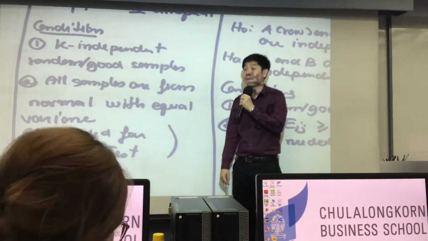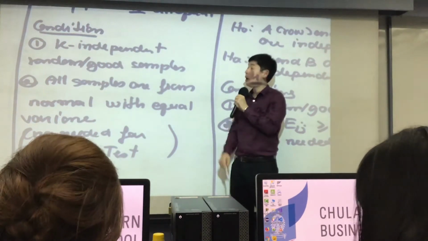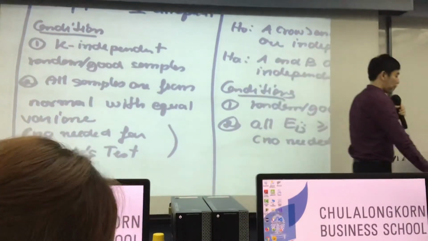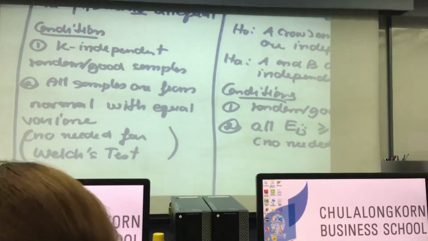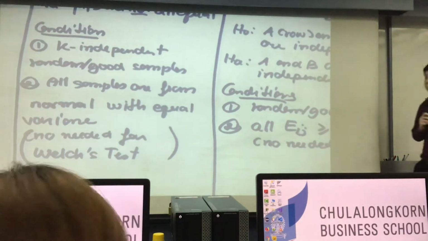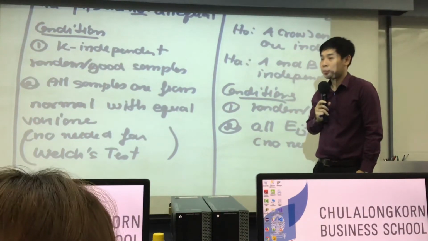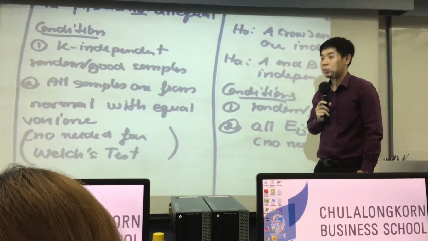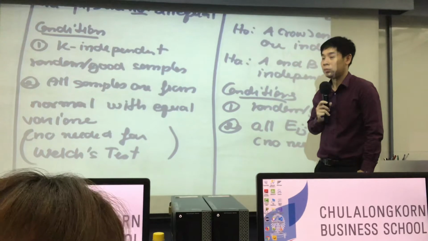But how we set up H0 and HA is the same. The conditions become more flexible. Any question? If you have to assume the alpha by ourselves, do you have to assume the same alpha to apply to all tests?